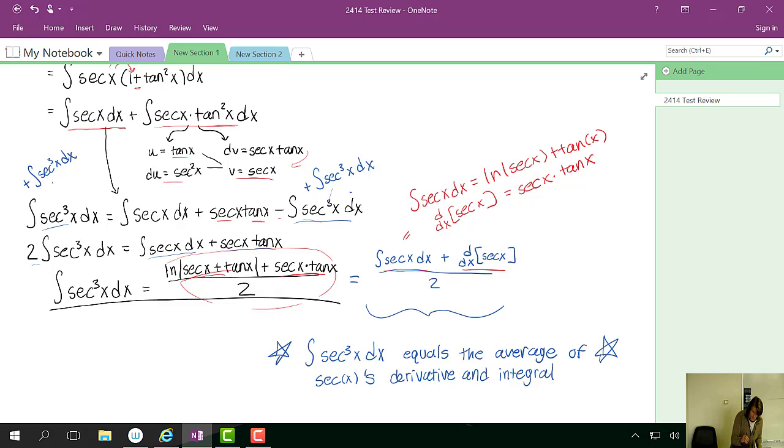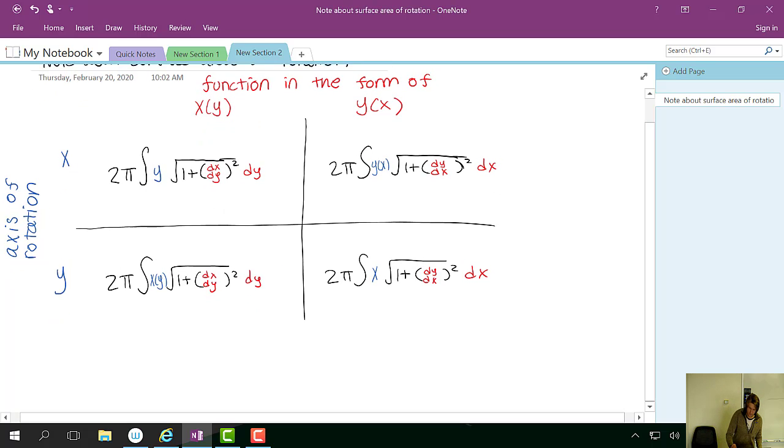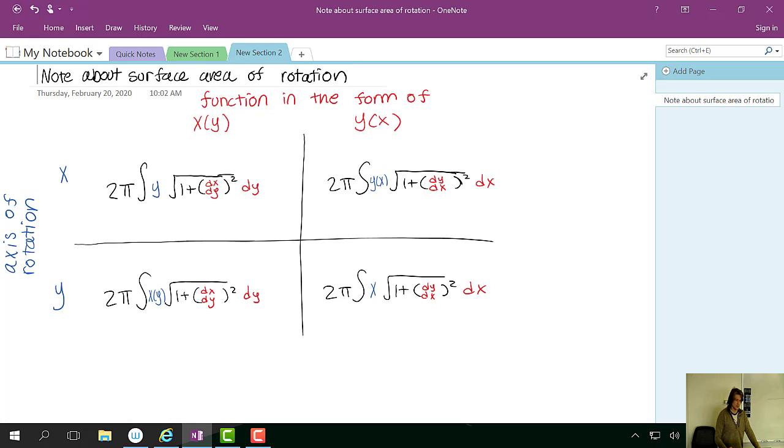All right. I also wanted to briefly go over surface area of rotation. We didn't cover that in the last class, but I know it's also going to be in our exam. The one thing I really want to talk about is that we set the integral up differently depending on two things. Which axis you're rotating around, right?